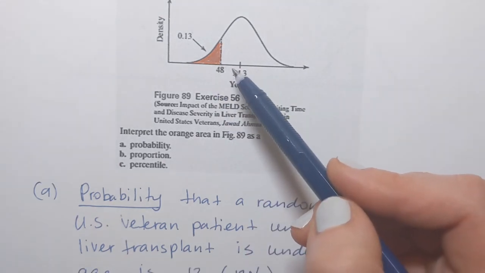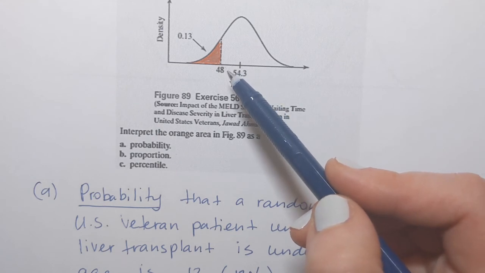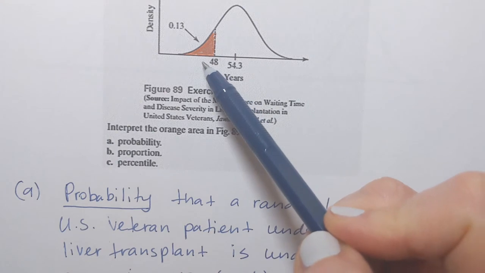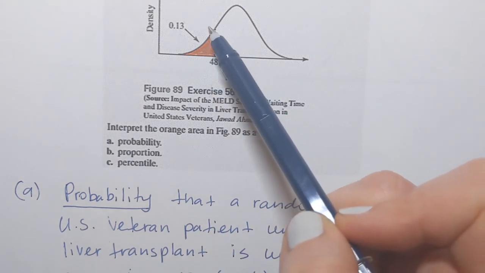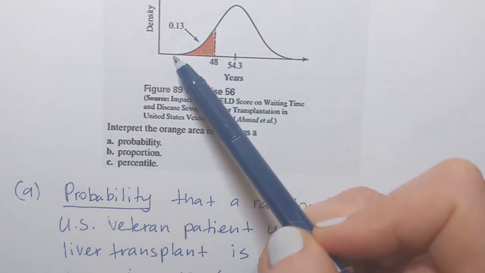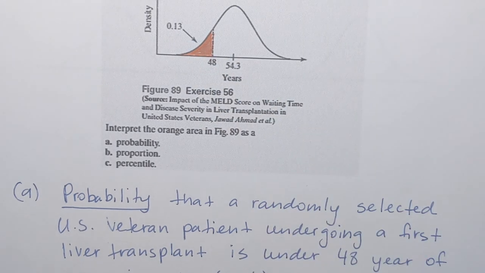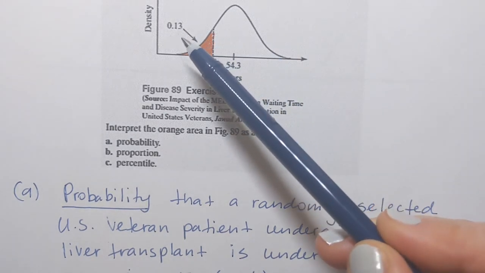So first we need to be reminded that percentile corresponds to the percentage of data values that are below or less than or equal to the one that you're looking at. So when we're looking at 48 years, we already talked about that, 13% of patients are younger than that, right? So that means that 48 years is at the 13th percentile.